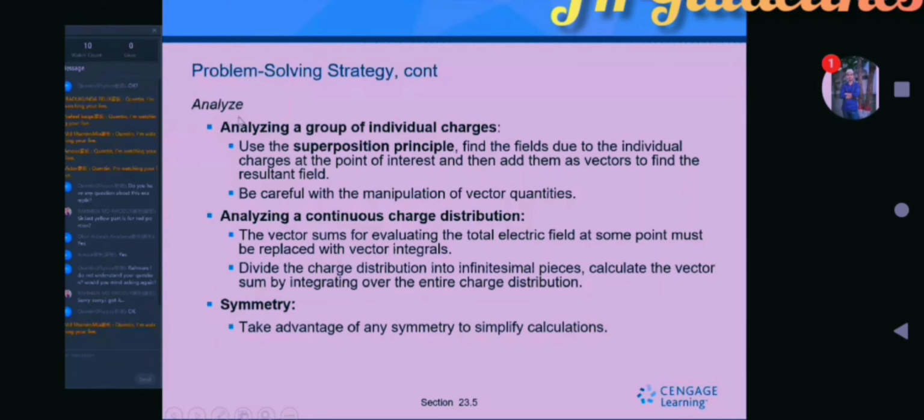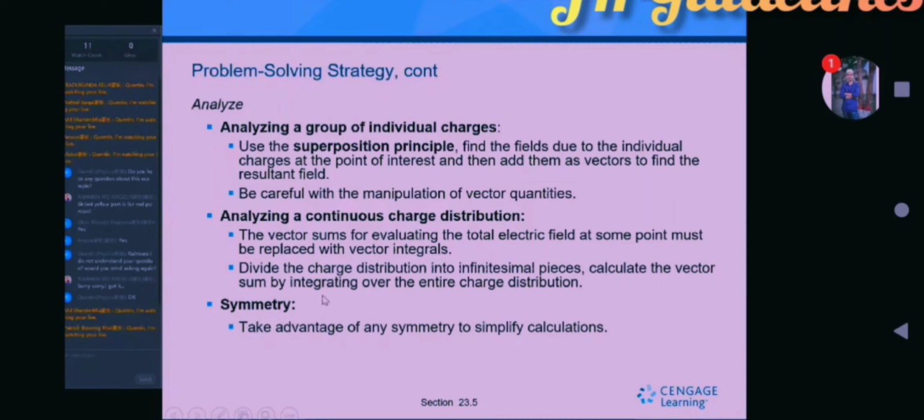Then we analyze the problem, analyzing a group of individual charges or a continuous charge distribution. Because we are in this category, the vector sums for evaluating the total electric field at some point must be replaced with vector integrals. Then we divide the charge distribution into infinitesimal pieces. Then we calculate the vector sum.